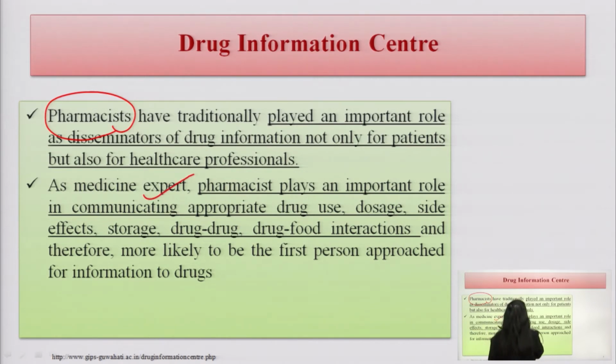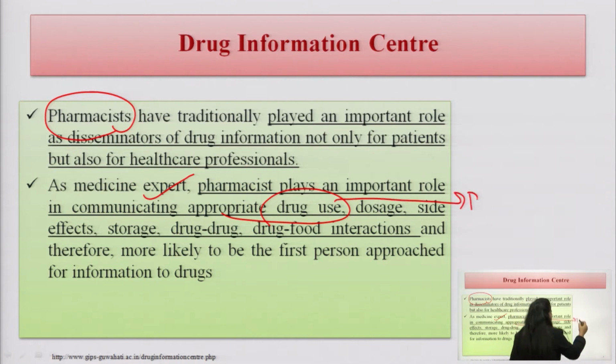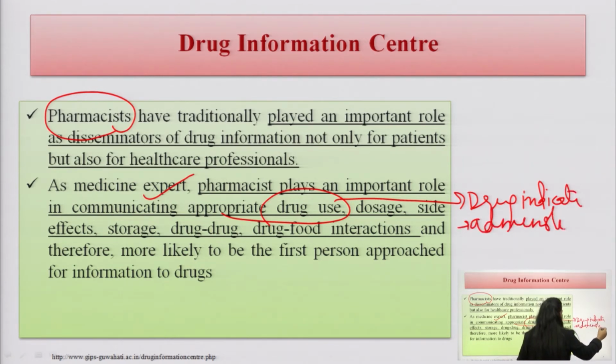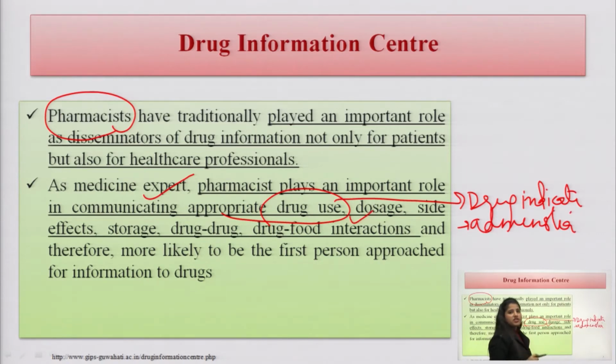As medicine experts, pharmacists play an important role in communicating appropriate drug use: how to use the drug, its indications and administration, what the dosage is, which is the safest dosage for a particular drug, its side effects, and the storage conditions. Many drugs deteriorate if stored in the wrong conditions. Some are for the refrigerator, some are for room temperature, so we have to store them accordingly.